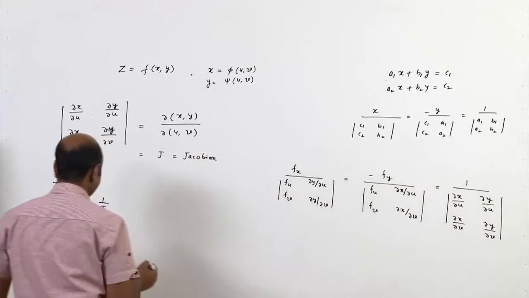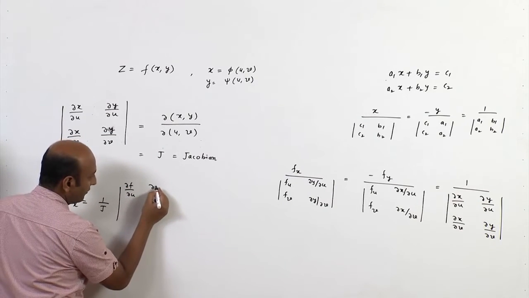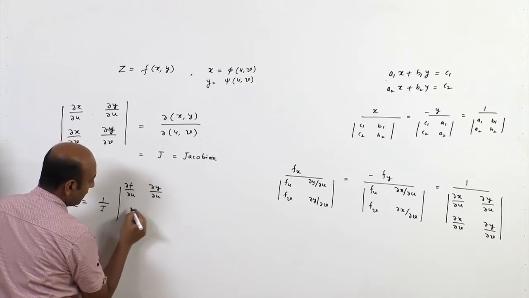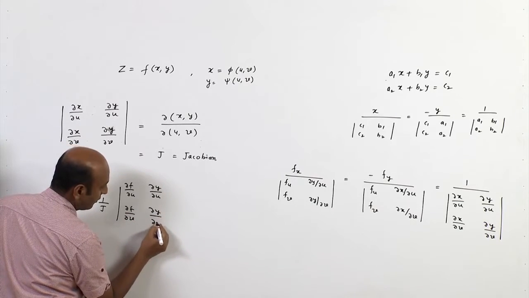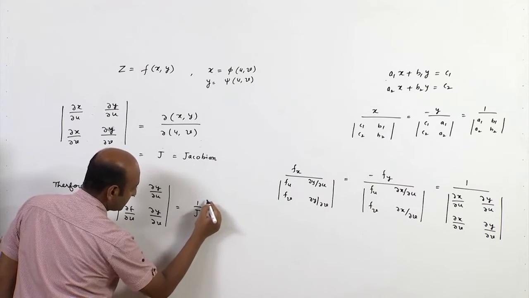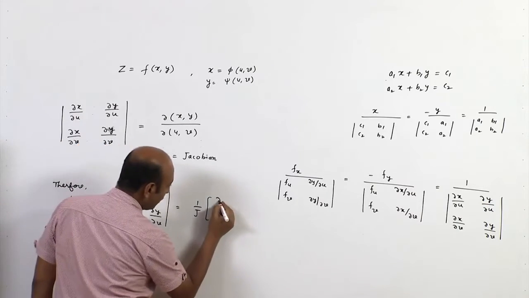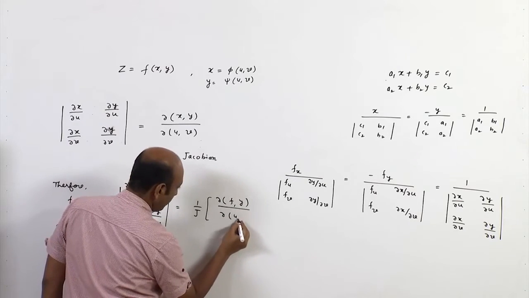So, this will be the determinant of del f upon del u, del y upon del u, del f upon del v, del y upon del v, which is 1 upon j times del of f y upon del of u v.